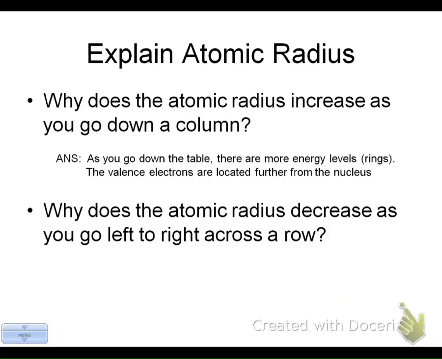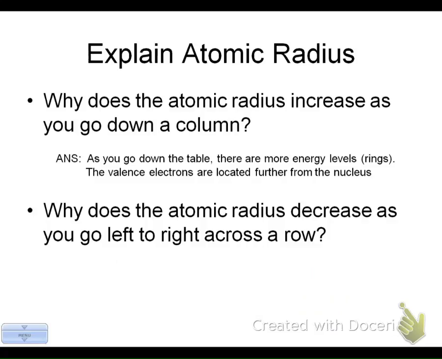At the same time, the inner core of every element is going to stay the same on that row. The shielding is fairly constant. Every atom on a row has the same amount of shielding.